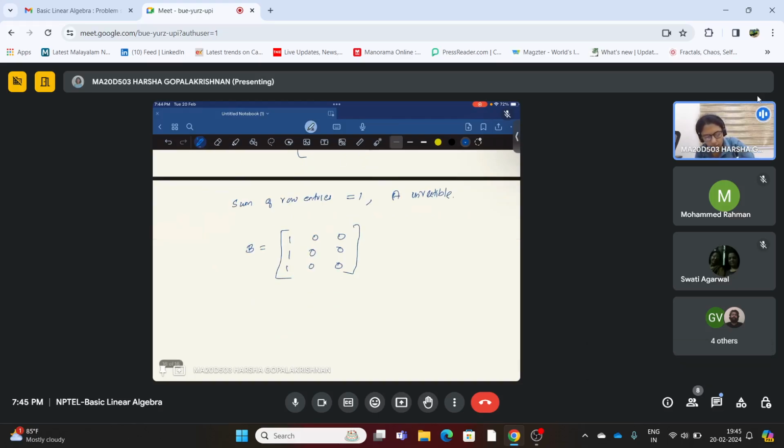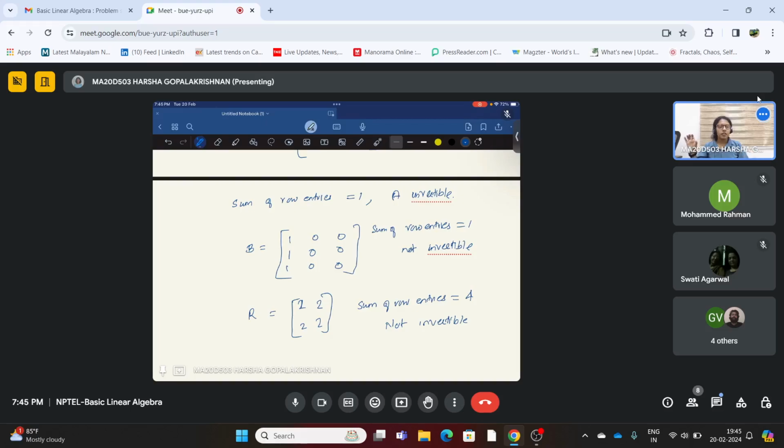Someone has given another example, a matrix with 1 2 2 2 2 2 2. Here the sum of row entries is 4, not invertible. Here also, for each row, the sum of row entries is 1. Again, not invertible. You can easily see why.